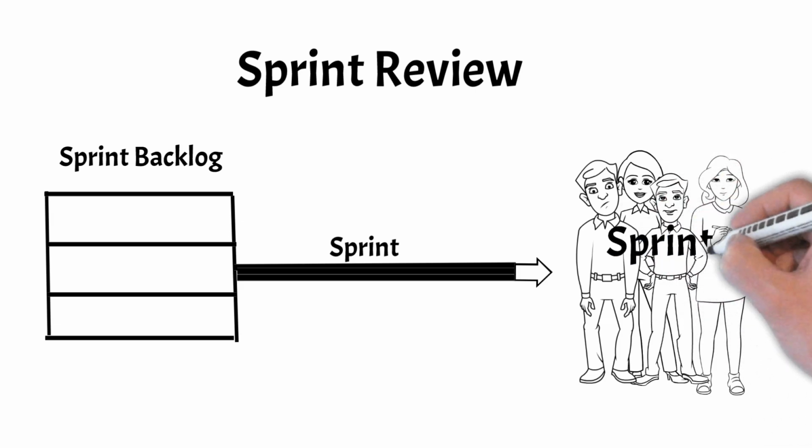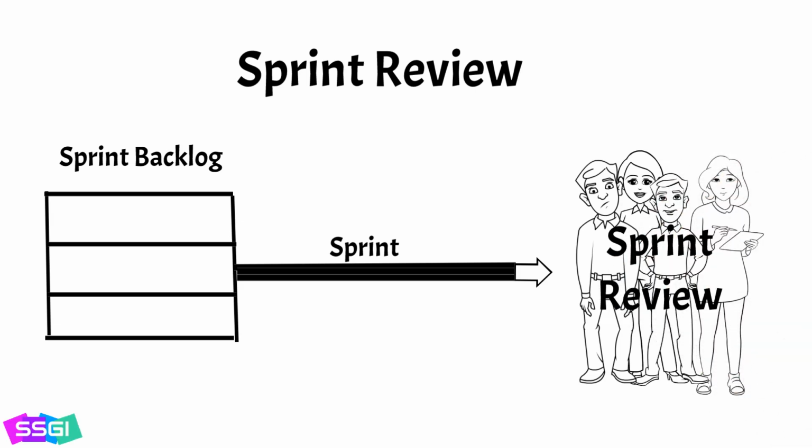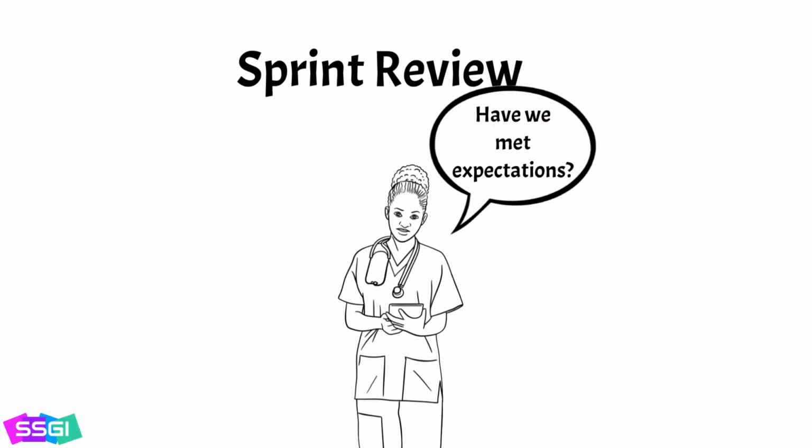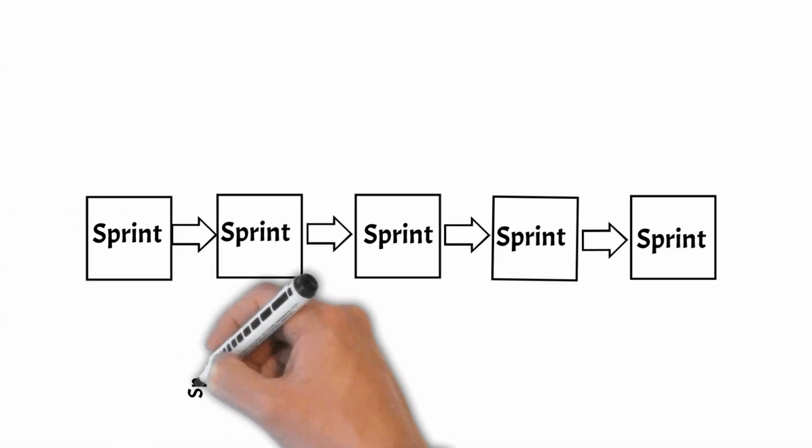Sprint reviews occur at the end of every sprint. Their function is to review what has been done and determine if the results meet expectations or if changes are needed. This is a hallmark of the adaptive nature of Scrum.